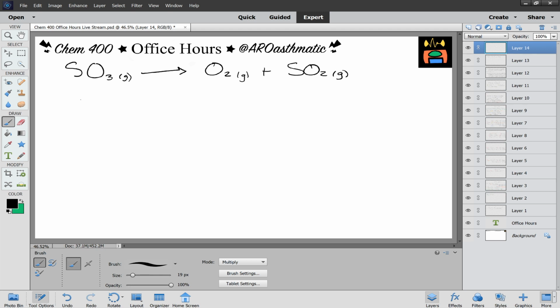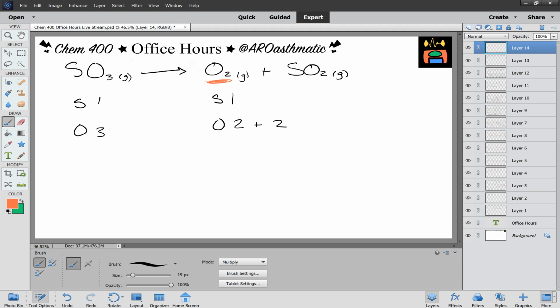Now we need to balance. So we have sulfur and oxygen on both sides of this equation. The reactant side, 1 sulfur, 3 oxygen. On the product side, 1 sulfur, and we have 2 oxygen from O2 plus another 2 coming from SO2. And one thing you'll notice is sulfur is already balanced. We need to balance oxygen, and you'll notice we have O2 here, so it's all alone.